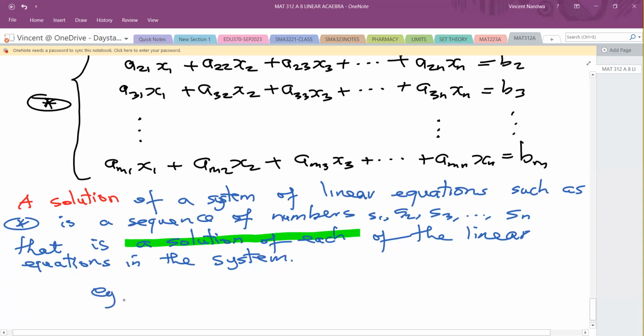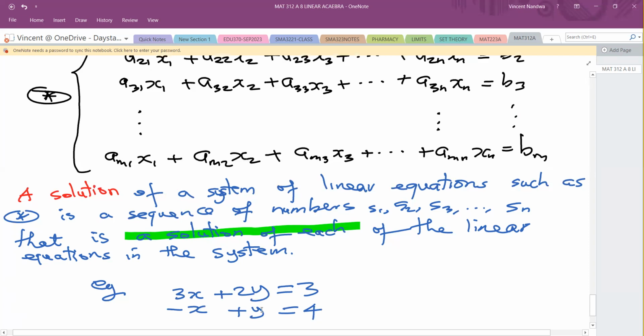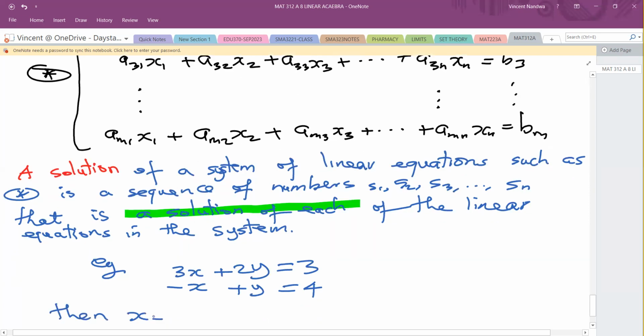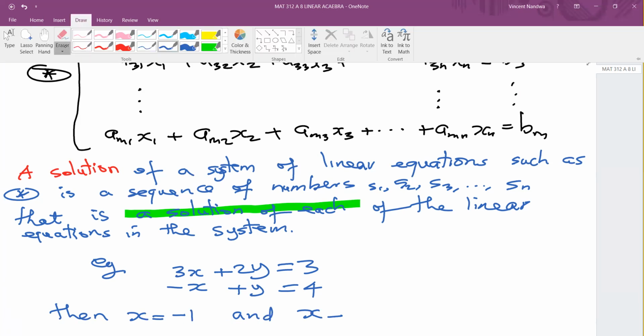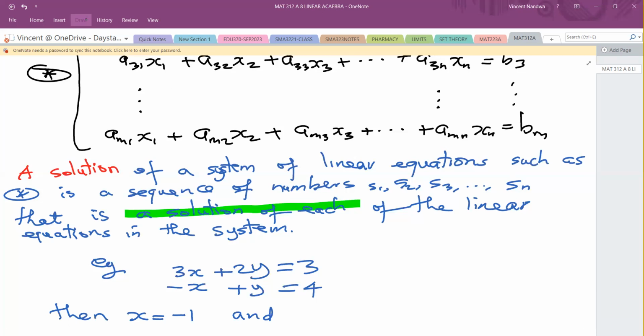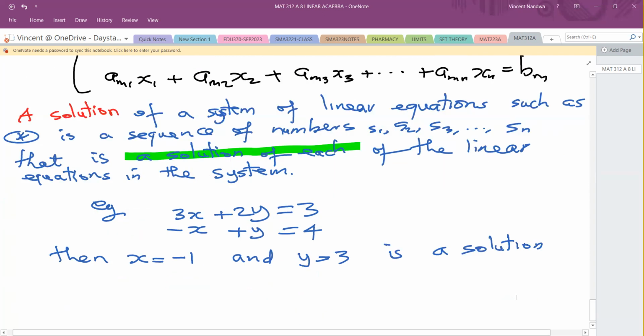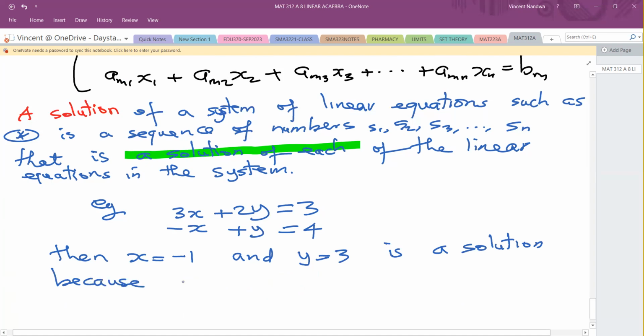So for example, if we have 3x plus 2y equals 3 and minus x plus y equals 4, if you consider this system, then x equals -1 and y equals 3 is a solution because both equations are satisfied.